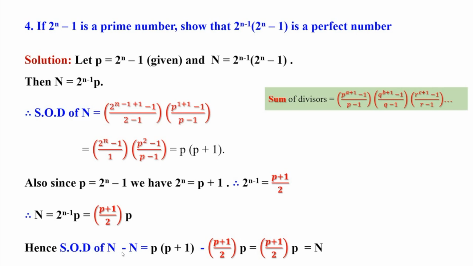So the sum of divisors of N minus N: the sum of divisors of N is already computed, and N is nothing but this. Subtracting, we get p into (p plus 1) by 2, and that is nothing but N. So we have the sum of divisors of N minus N to be N, and therefore N is a perfect number. So whenever this is a prime number, this will be a perfect number.